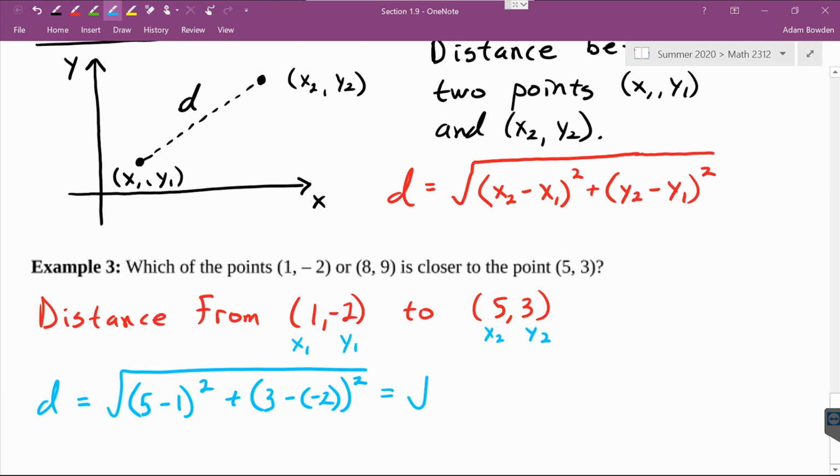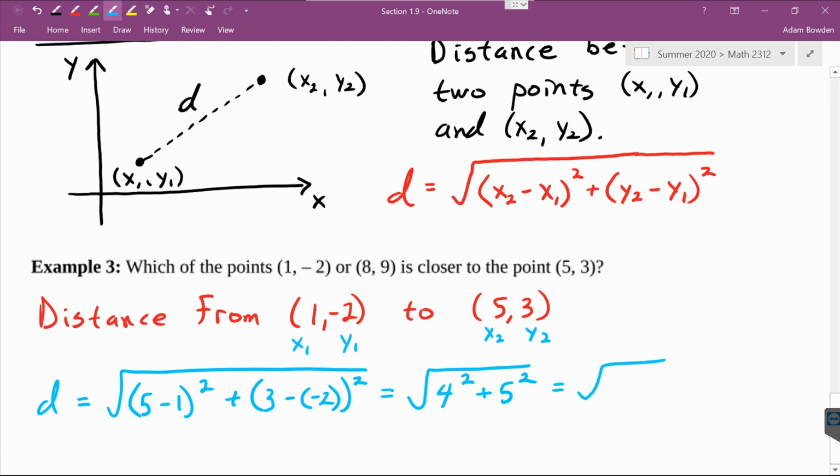All right, and that's going to be equal to 5 minus 1 will be 4 raised to the second power. And then 3 minus negative 2 is going to be 3 plus 2. 3 plus 2 would give us 5, here raised to the second power.